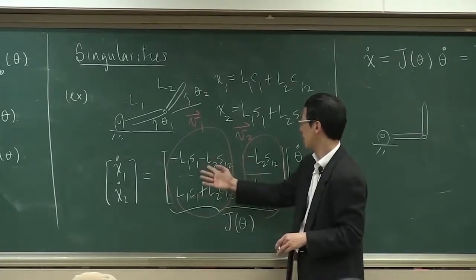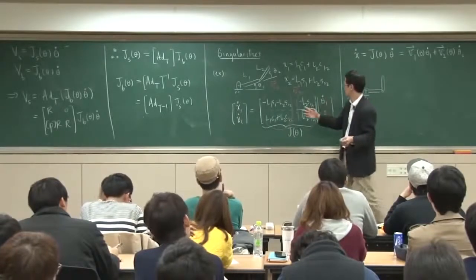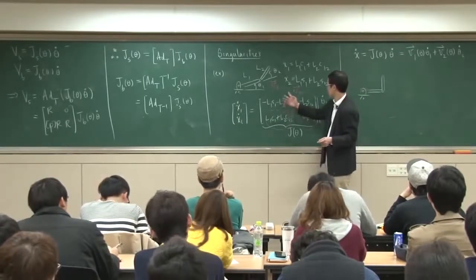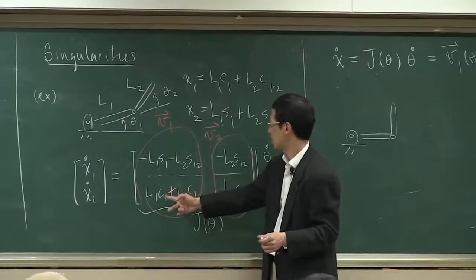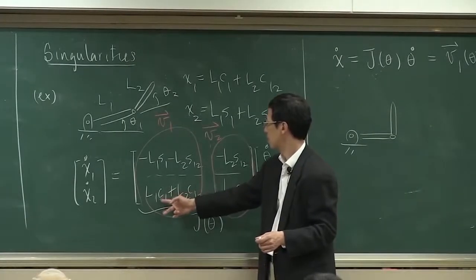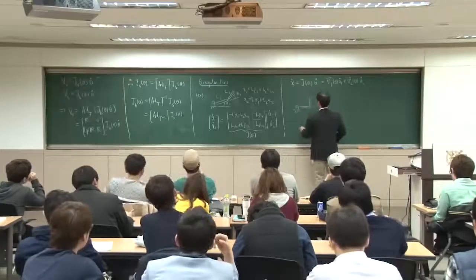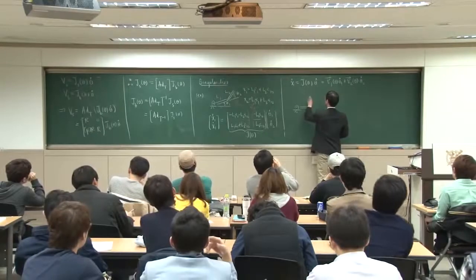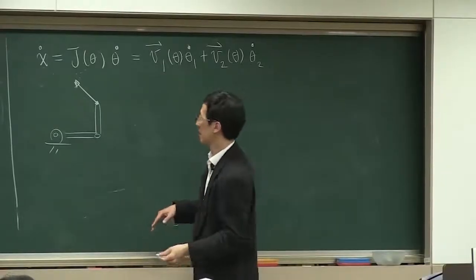So pretend L1 and L2 are, say, 1. So we have minus 1 here. Theta 1 is 0, so L1. So it looks like minus 1, 1, right? So maybe v1 points in this direction.